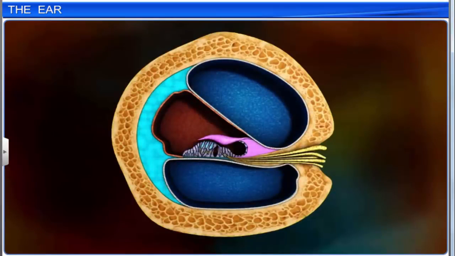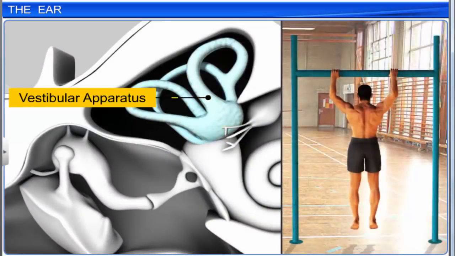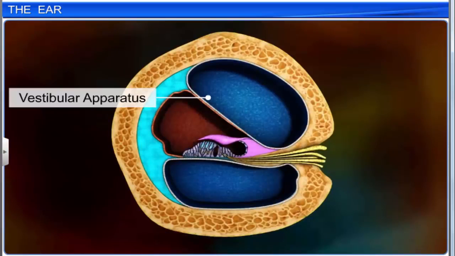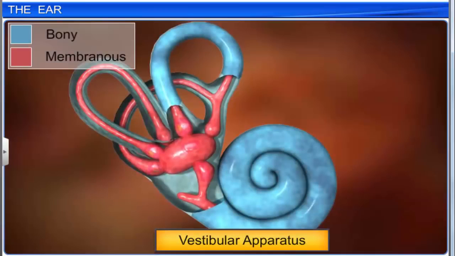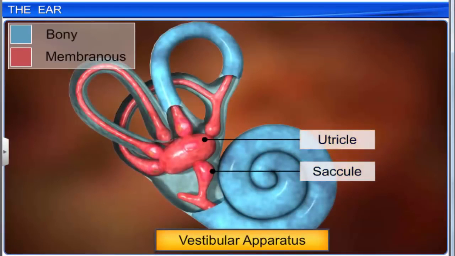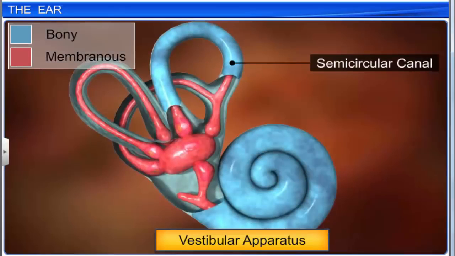The inner ear also contains a complex system called the vestibular apparatus, that helps maintain the body's balance. It is located above the cochlea and consists of 3 semicircular canals and the otolith organ, which consists of the saccule and utricle. Each semicircular canal is C-shaped, lies at right angles to the other two, and is suspended in the perilymph.